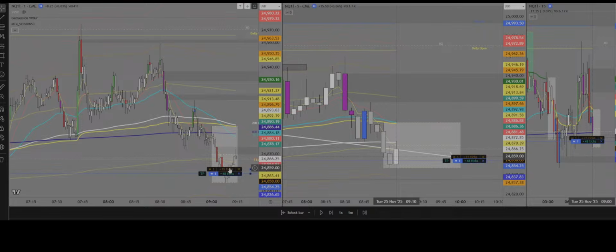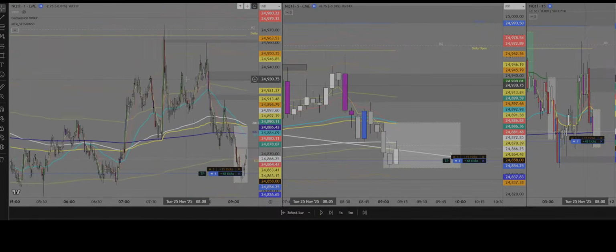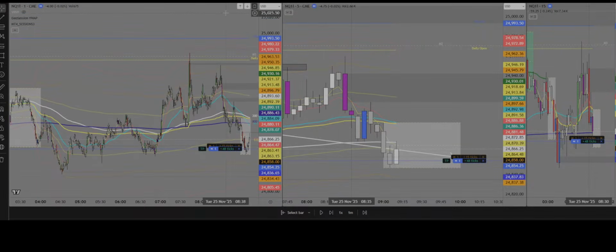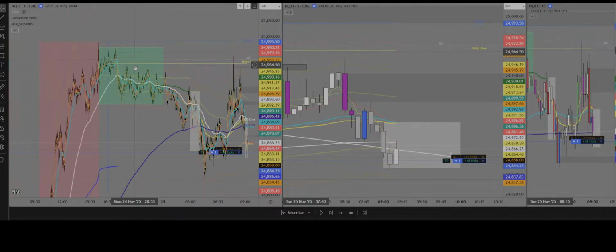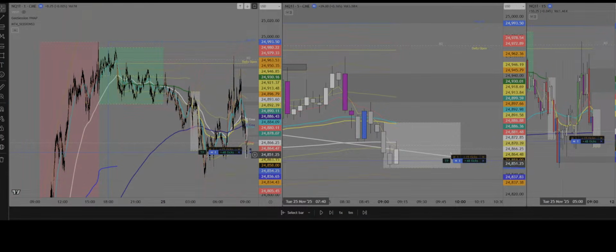Wow, even in replay mode, this thing's being slow. We have imbalances all the way up here, and we still have not taken out yesterday's high. So we came back into it, failed to get over Asia's session.